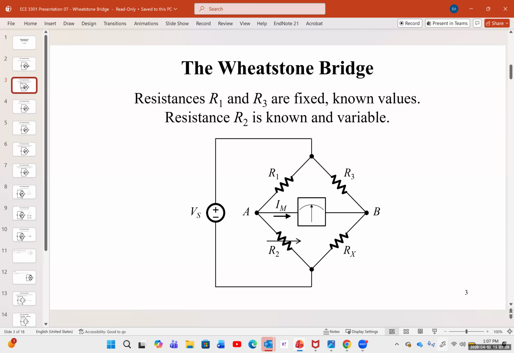It may look like this in the schematic, but imagine if Rx is a strain gauge sensor connected to a bridge. Sometimes we don't have direct access. It's like a black box. Imagine if Rx was a black box, we had no idea what it was, and we wanted to use the other resistors to determine the value of Rx.